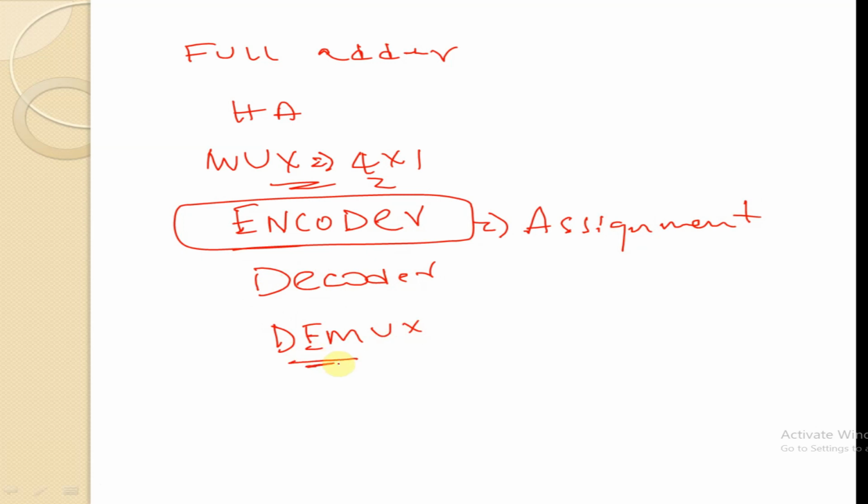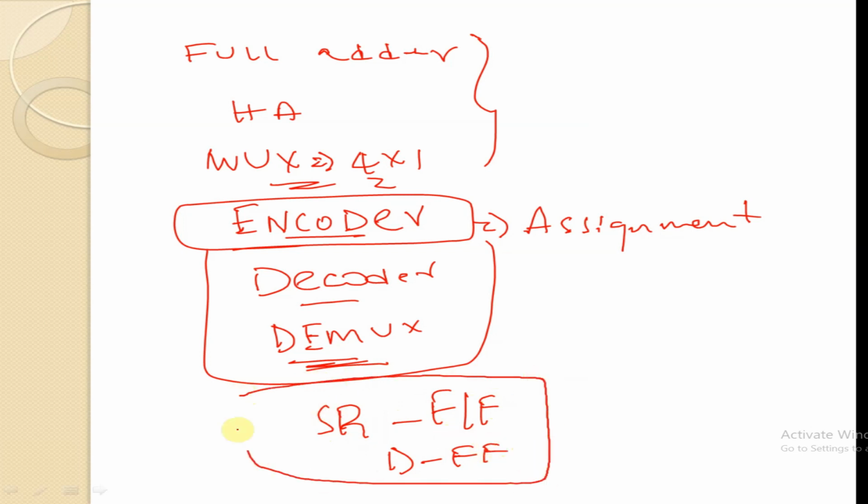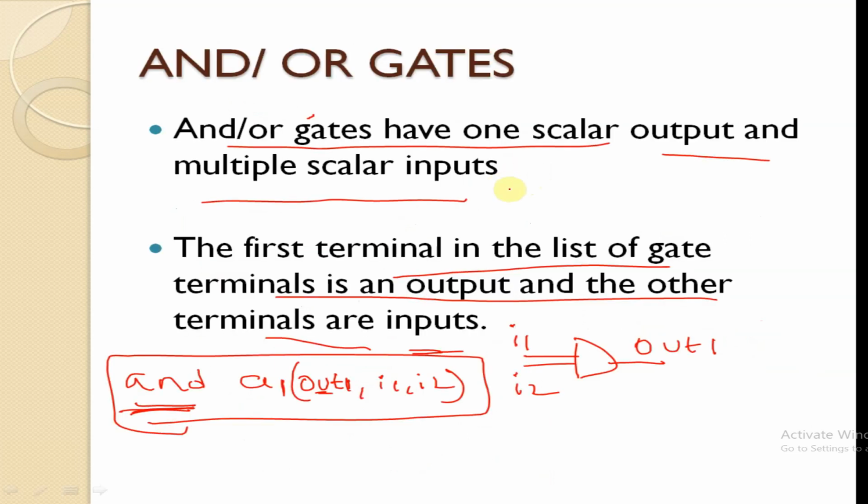Demux also you can try after discussion of these modules. You can try encoder, decoder, and demux. In sequential, we have SR flip flop, and we will discuss D flip flop in the sessions, and T flip flop is for assignment. We will develop all these designs with the gate level model.